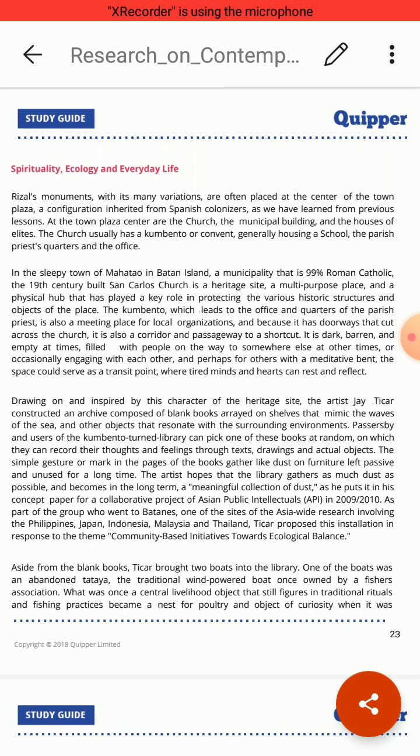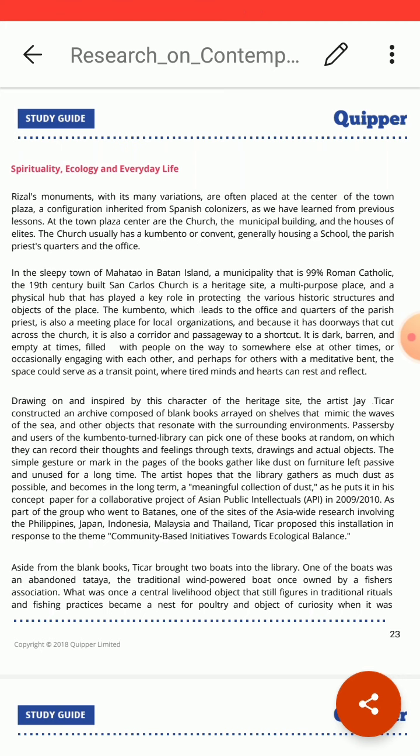It is dark, barren, and empty at times, filled with people on the way to somewhere else at other times. And sa kumbento pod, pwede po siya serve as a transit point where tired minds and hearts can rest.